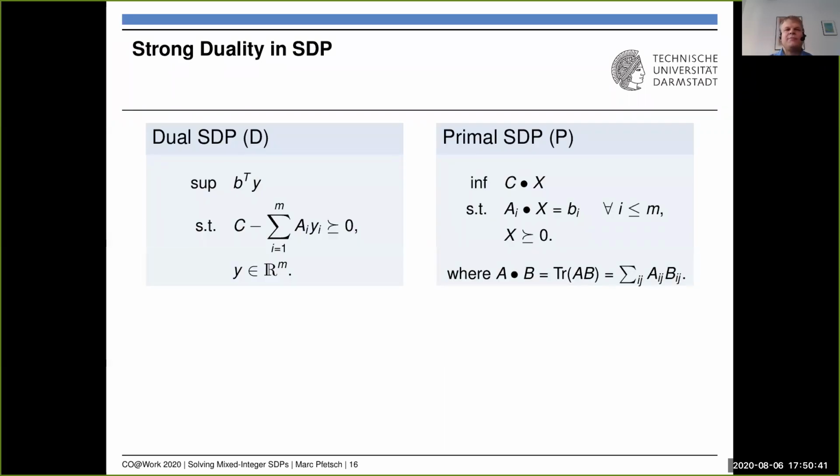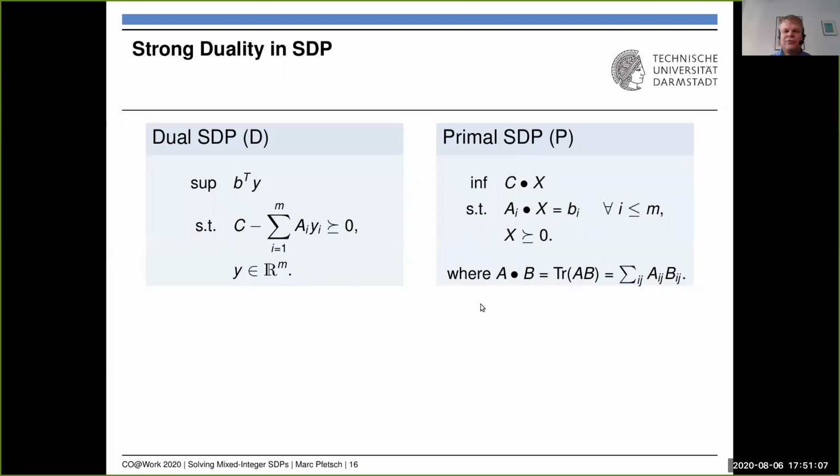So to motivate the question, let us look at the pair of dual SDPs that are written out here. The form that I showed you in the beginning without the integrality constraints is what is usually called the dual SDP. So we are maximizing a linear objective subject to SDP constraints here for a vector y.